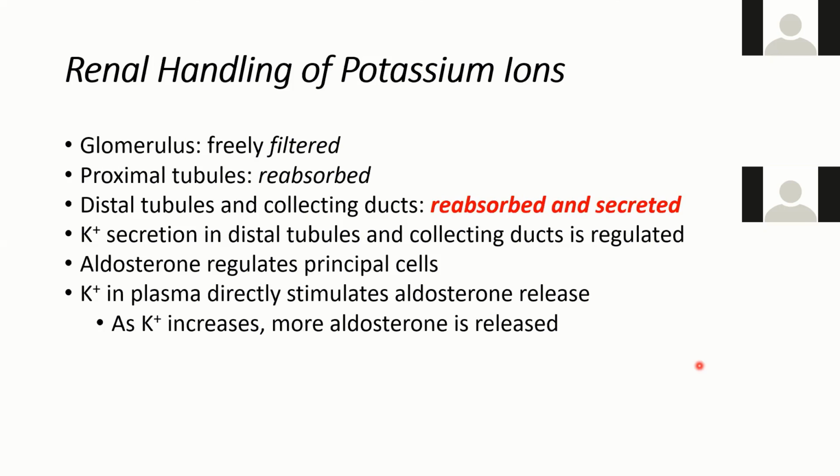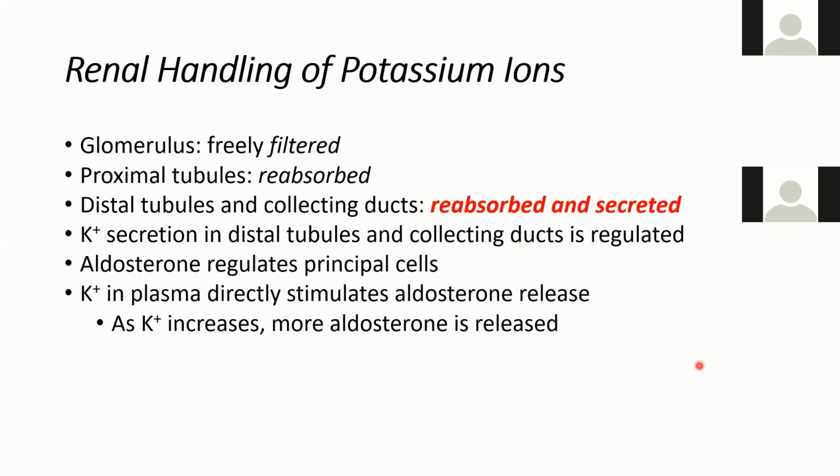So that's part of the point of that equation we looked at way back, might even have been 2 weeks ago, about how we can tell whether something's being reabsorbed or secreted based on the amount that's getting filtered out and the amount that's getting excreted. One of the things we might want to track that way is potassium, because this is one of the places where secretion plays an important role.